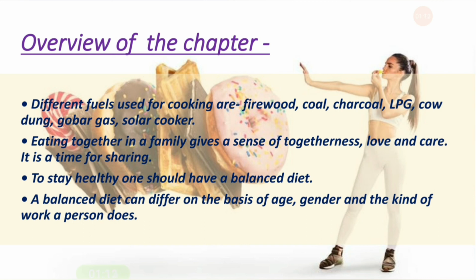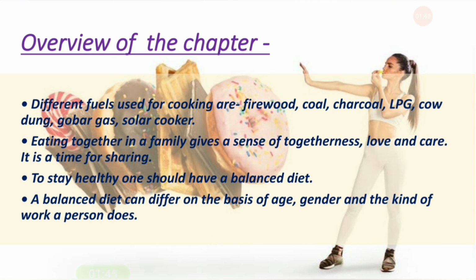Next, a balanced diet can differ on the basis of age, gender, and the kind of work a person does. Age means the person's age, gender means the person is male or female, and then the kind of work a person does.